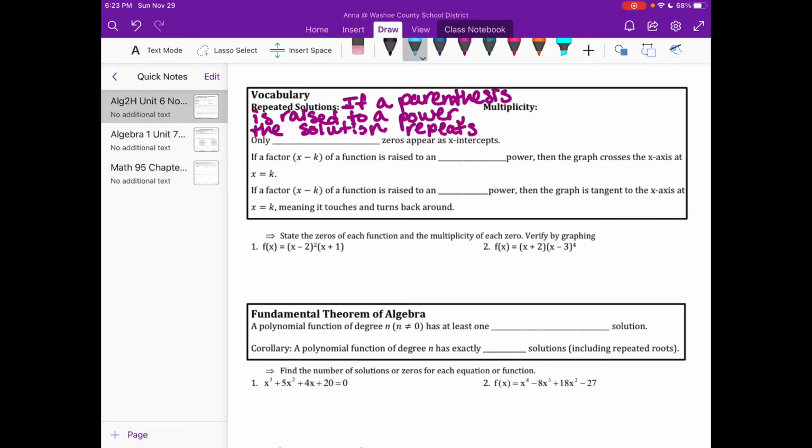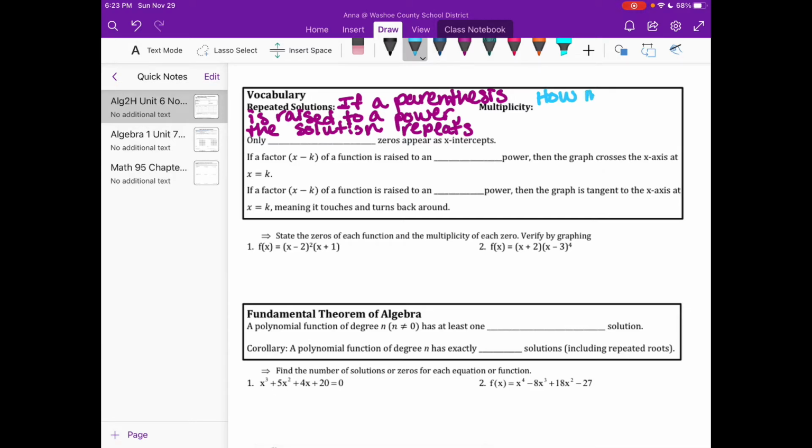And we'll kind of talk about this a little bit in those 2 problems that are right there. Then we have something called multiplicity. So multiplicity tells me how many times that solution repeats. So that's what we're going to put right here: how many times the solution repeats.